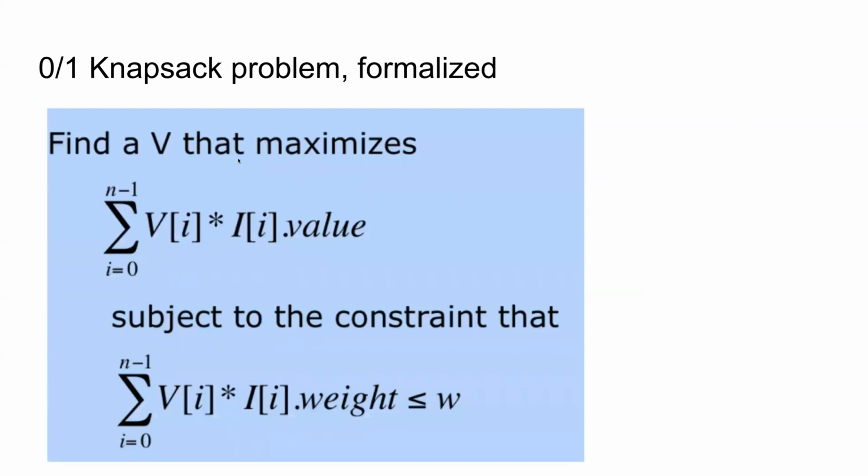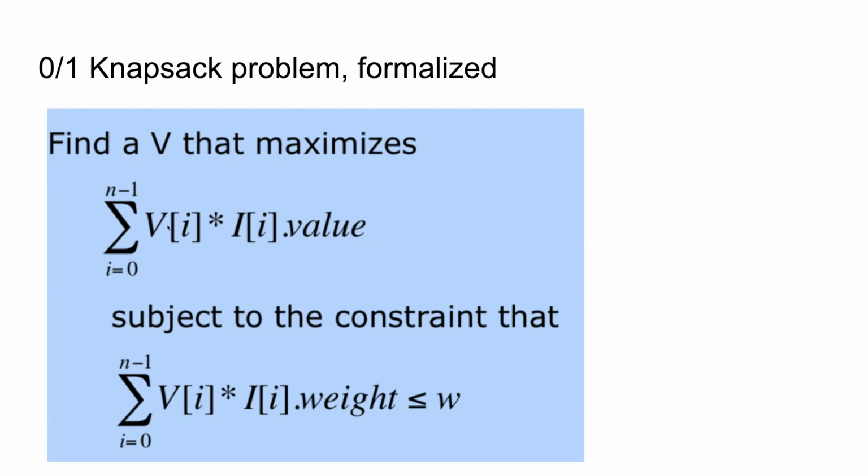All right. So let's do this more formally. A 0, 1 knapsack problem is basically an objective function that maximizes the value. There is a sigma, meaning the summation, from 0 to n minus 1, meaning you sum over all the items in the list, where you take the value of that item, multiplied by V of i. V of i is basically your vector, remember, that indicates whether you are taking that item or not.